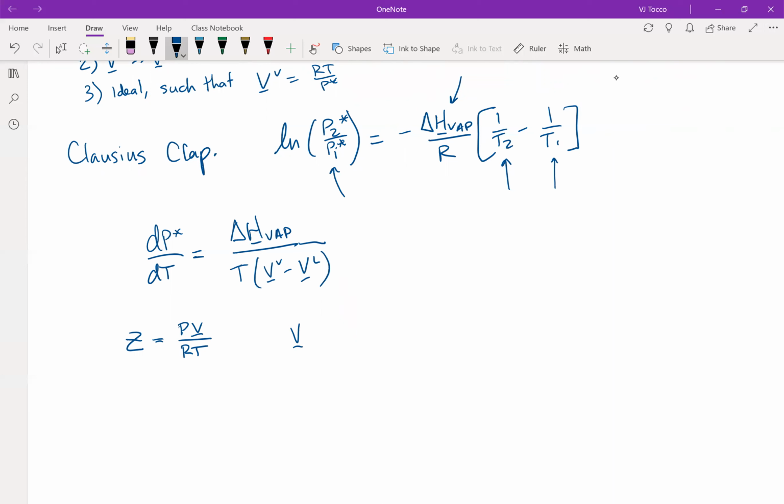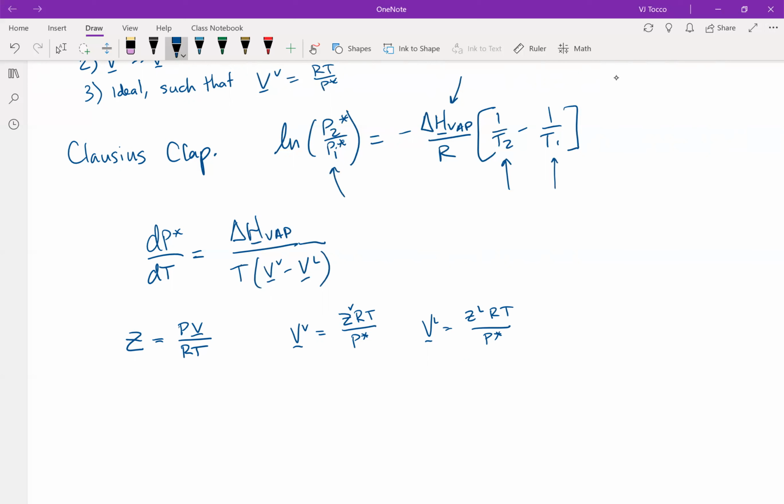So just by rearranging this, I can say that the molar volume of the vapor is Z RT over P, and this is P star. So this is P saturation, because this equation is assuming that I'm on the saturation curve. And similarly, the molar volume of the liquid is Z liquid RT over P star as well.